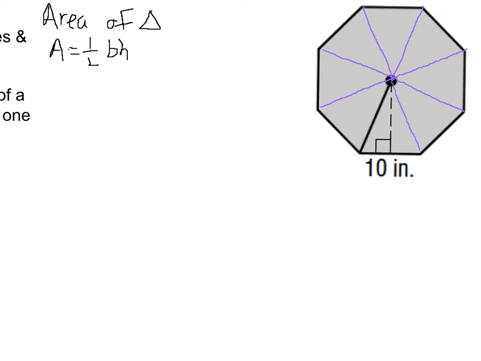Now each of my purple triangles over here, since they are all congruent, each purple triangle should have a base of 10, and then the apothem is actually going to be, and forgive my sort of crooked triangle there, the apothem is going to be the height. Unfortunately, in this problem, they didn't give me the apothem. So I need to figure out how I can possibly find the apothem here.